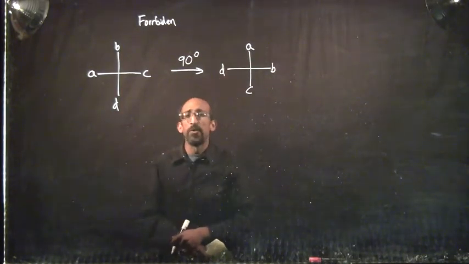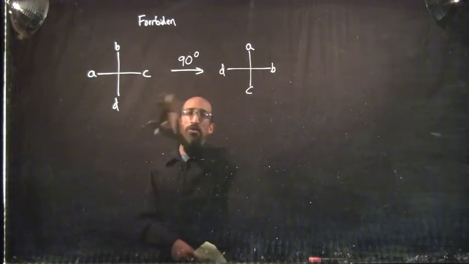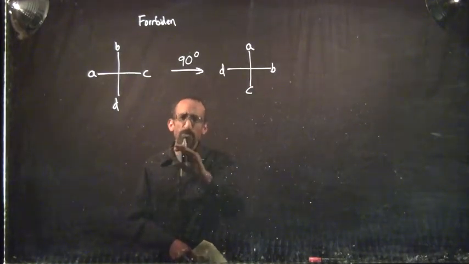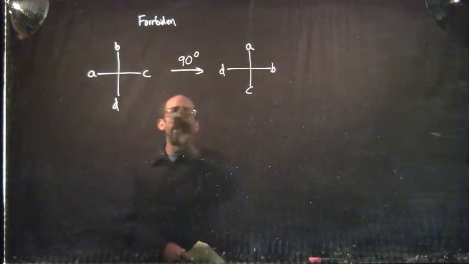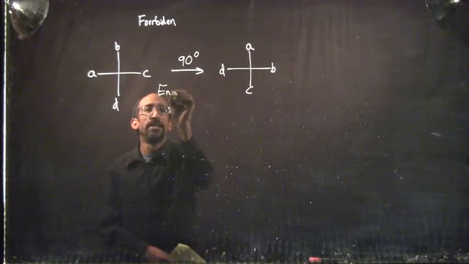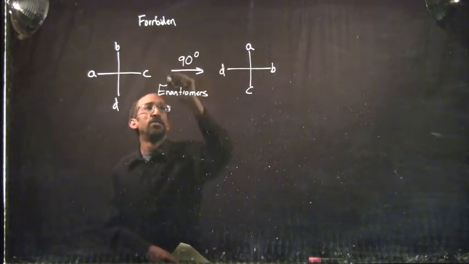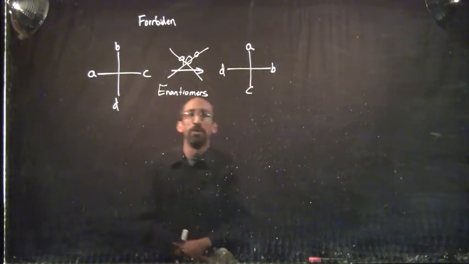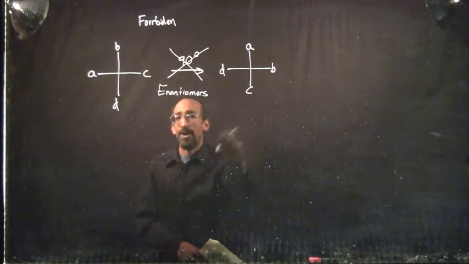The reason this is a forbidden operation is because if we convert these two Fischer projections to perspective drawings or make models of them, we'll see that the relationship between these two depictions is that of enantiomers. So we cannot do 90-degree rotations with our Fischer projections because that will result in a new molecule.